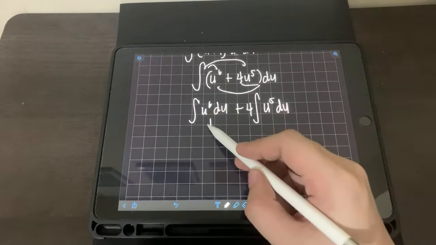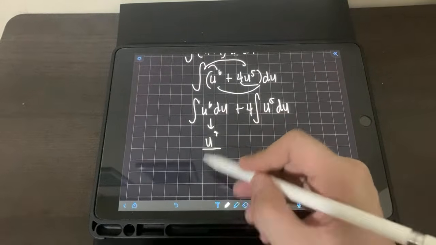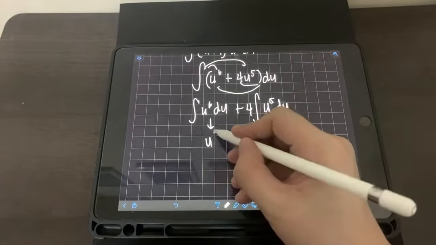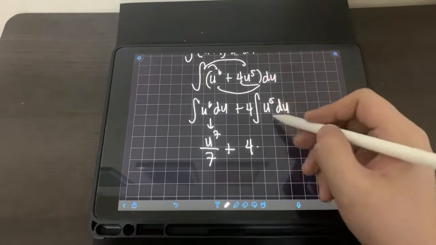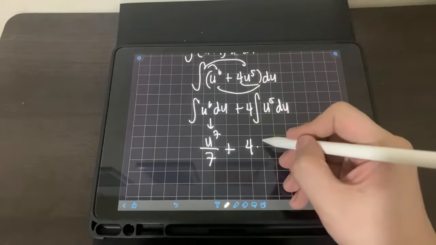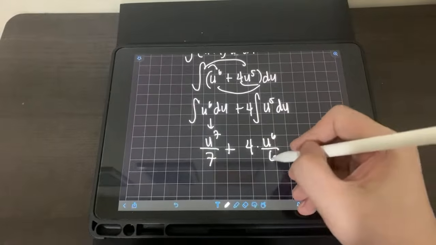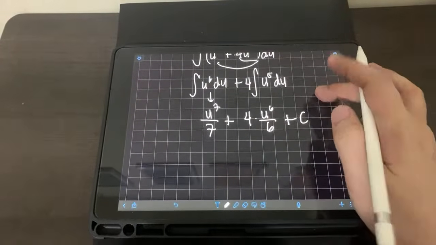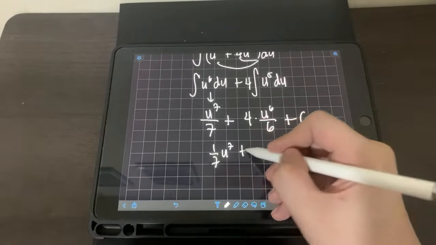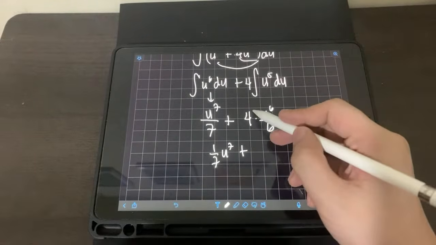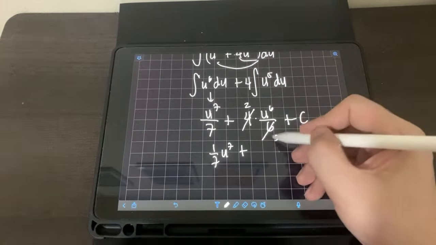Okay? So you can now apply here the power rule. So integral of u to the 6th du, u to the 7th over 7, plus 4 integral of u to the 5th, u to the 6th over 6. Okay, so simplify. So you will have 1/7 u to the 7th plus 4 over 6. So cancel 2: 4 becomes 2, 6 becomes 3.